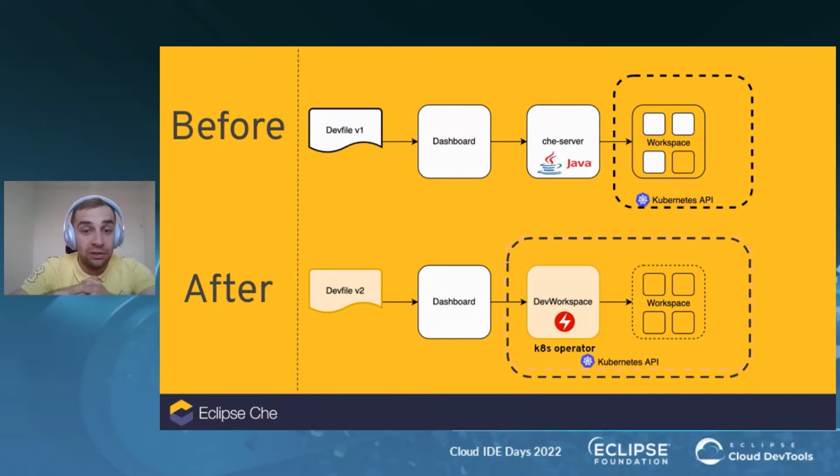So we still use the dashboard, and the dashboard actually parses these devfiles and passes it to another component, which is the DevWorkspace operator. So the DevWorkspace operator is actually a Kubernetes operator. If you are familiar with OLM, Operator Lifecycle Manager, you can figure out that basically this operator is in charge of transforming and maintaining the workspaces based on the custom resource that is created.